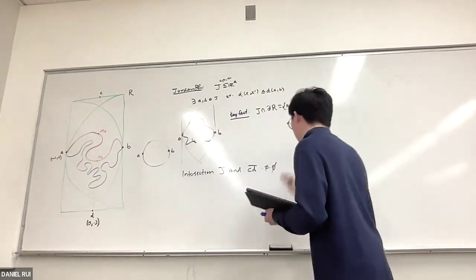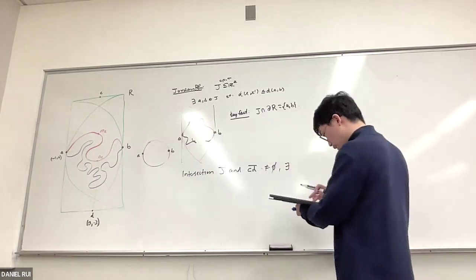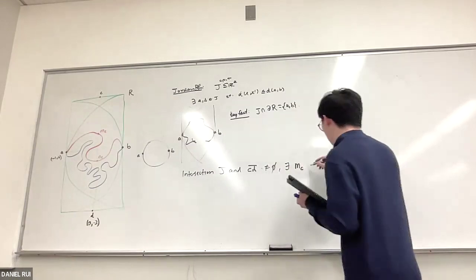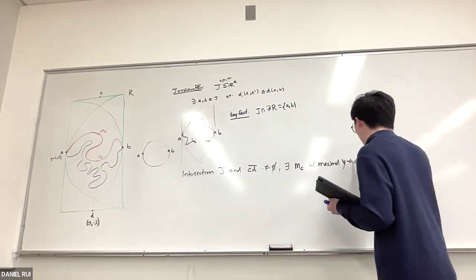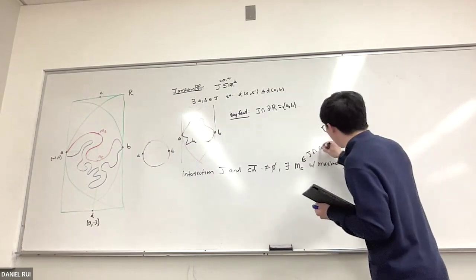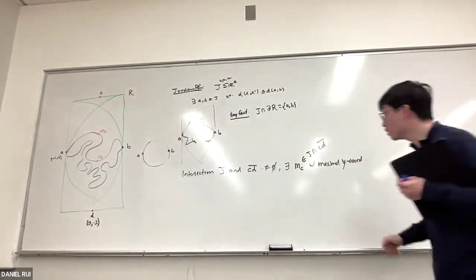So there exists some maximal thing. Okay. So there exists M_C with maximal y coordinate. And this M_C will be in the intersection of J and CD because both are closed. Okay, and closed sets contain their limit points. Okay.